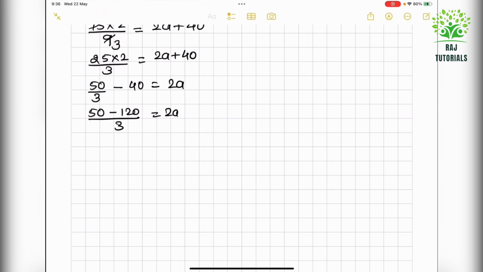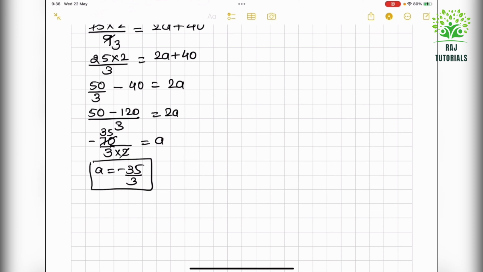So minus 70 upon 3 into 2 divided by 2 equal to a. So a equal to minus 35 by 3.